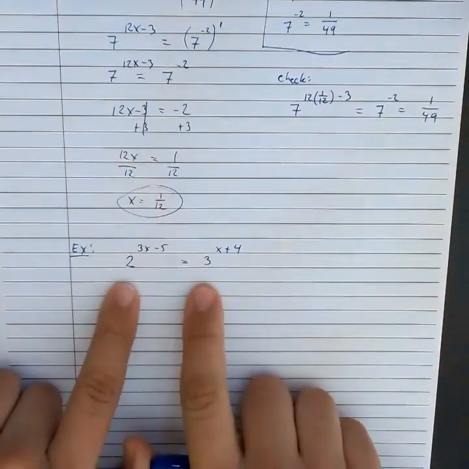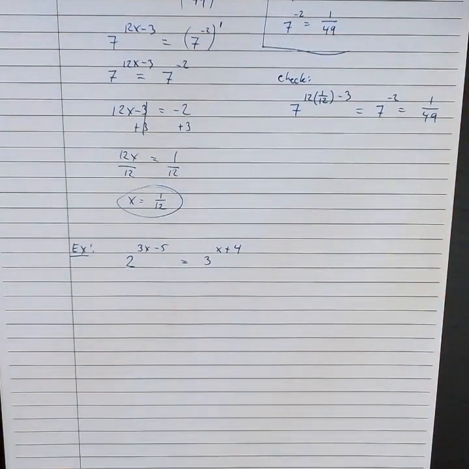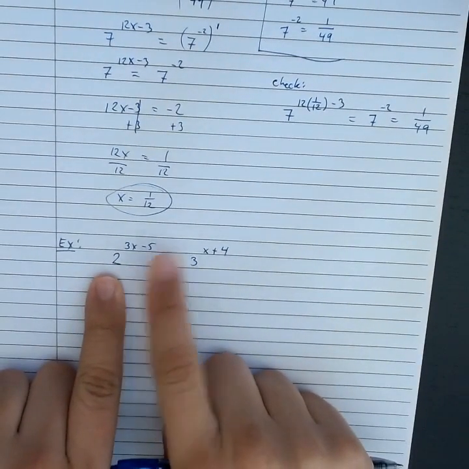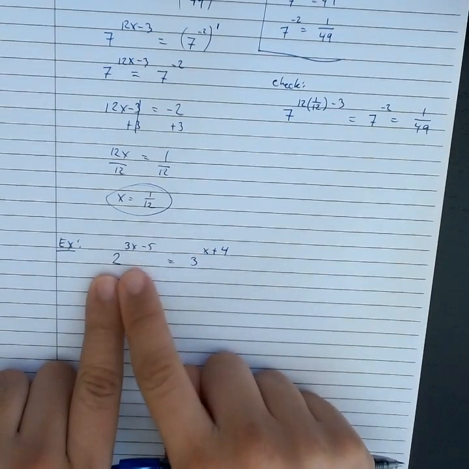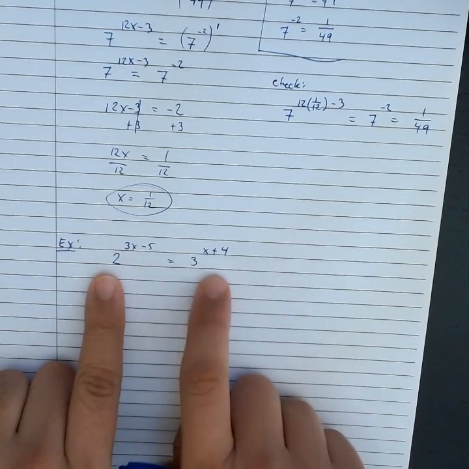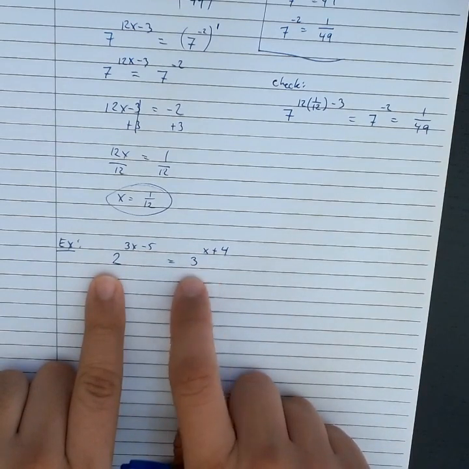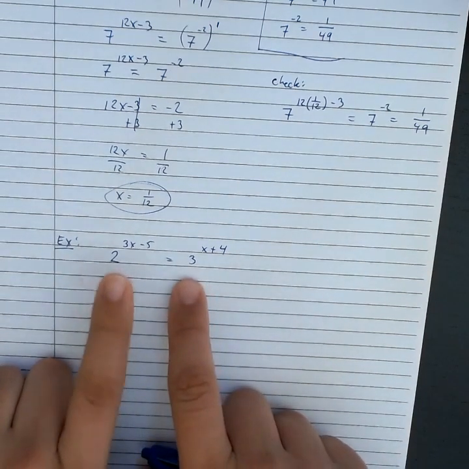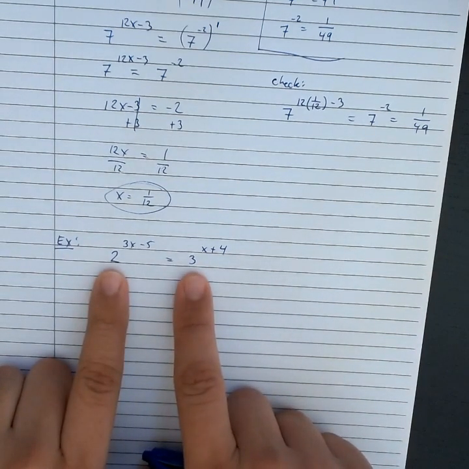Well, now those aren't in the same base, nor do I really know how to put them in the same base. After all, 2 to the power 1 is 2, 2 to the power 2 is 4, 2 to the power 3 is 8, 3 to the power 1 is 3, 3 to the power 2 is 9. Yeah, I can't write one of these in terms of the other one.